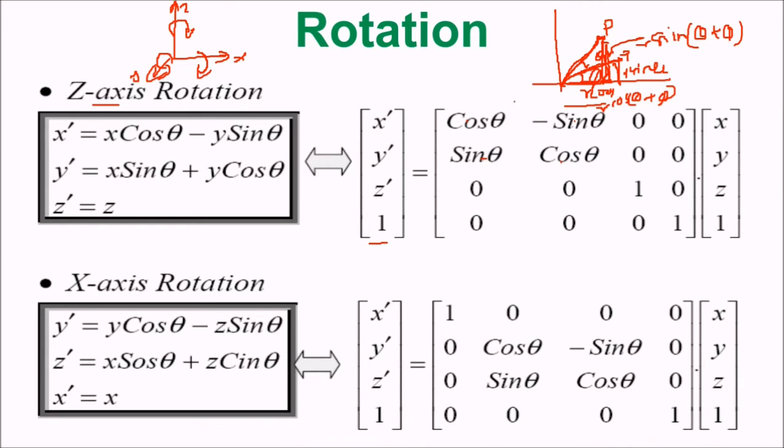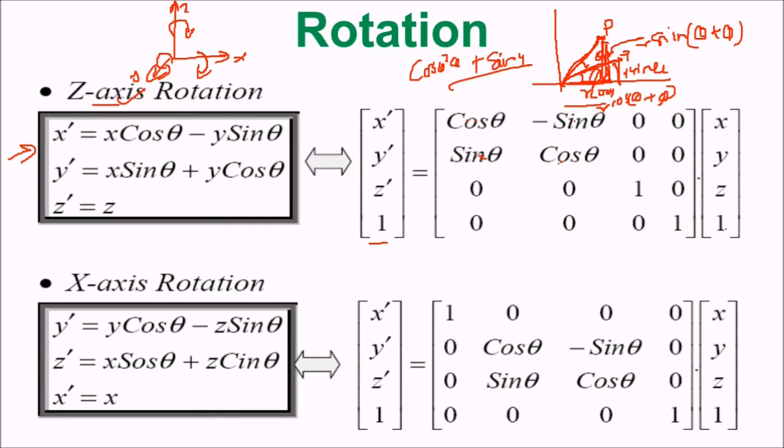Please understand, wherever you use this, cos into cos, that is cos square theta, plus sine into sine, minus is there, square it will be, that is sine square theta. Always please remember, cos square theta plus sine square theta should follow the relationship which we implied here. So this is cos theta, minus sin theta, sin theta, cos theta in the upper left position for the z-axis.